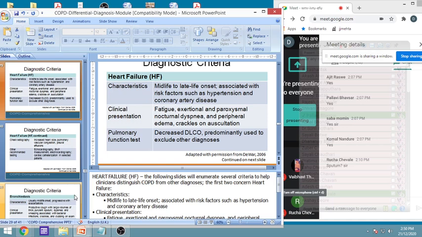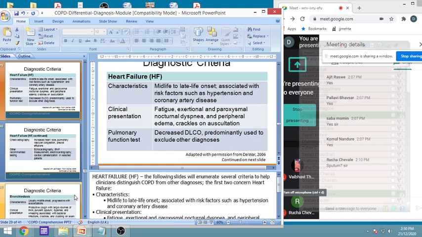Characteristic midlife to late life onset is another thing almost similar to COPD, but heart failure is associated with risk factors like hypertension and coronary artery disease. In COPD we do not need these; the major risk factor is smoking, or any kind of smoke or mine working. The clinical presentation shows fatigue, exertional and paroxysmal nocturnal dyspnea, and peripheral edema.